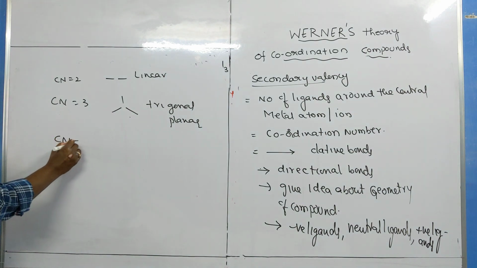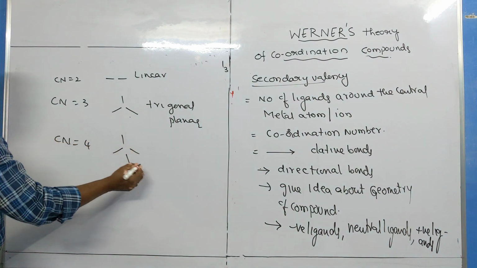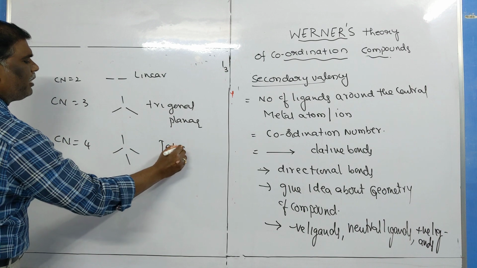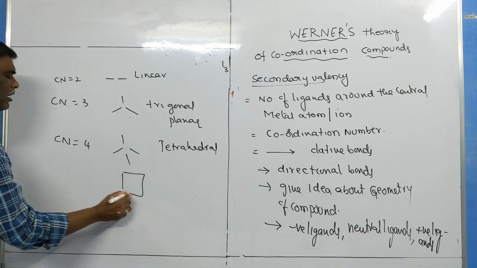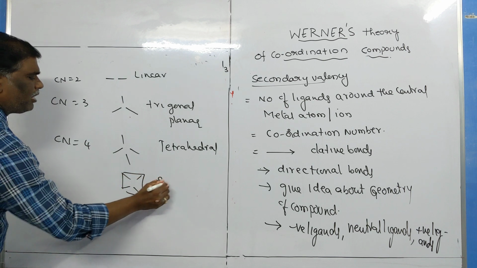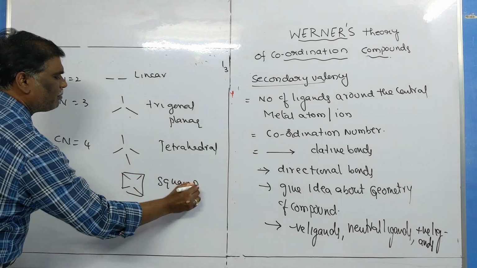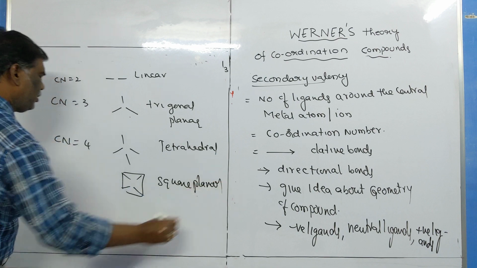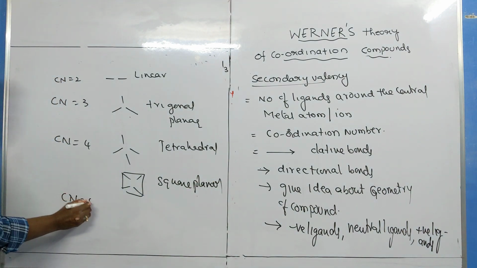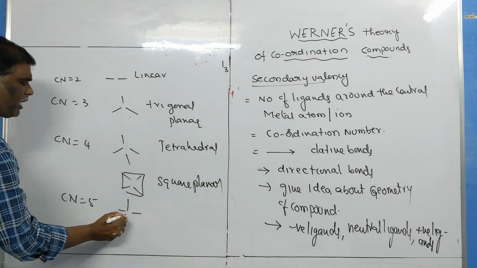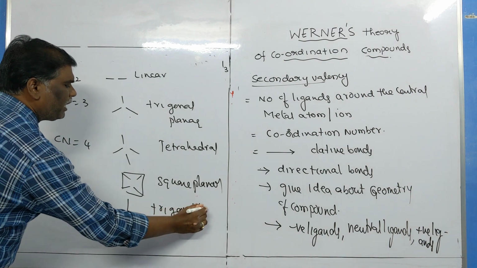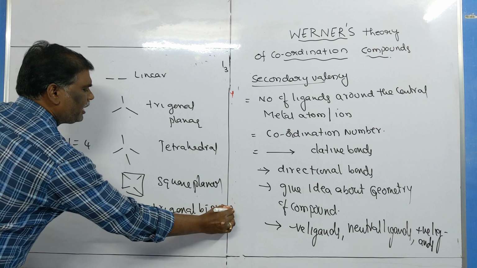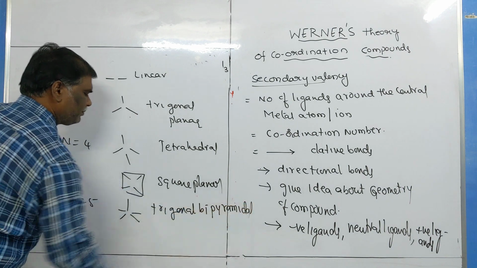Coordination number 4 gives tetrahedral or square planar. Coordination number 5 gives trigonal bipyramidal shape.